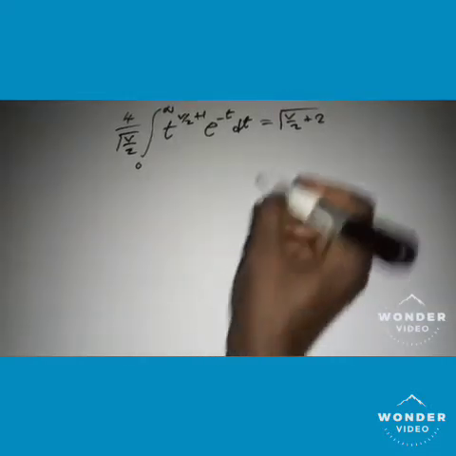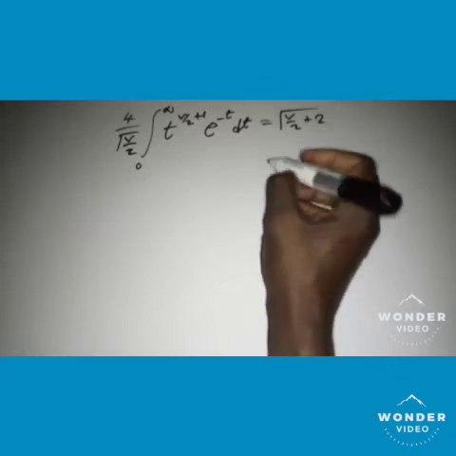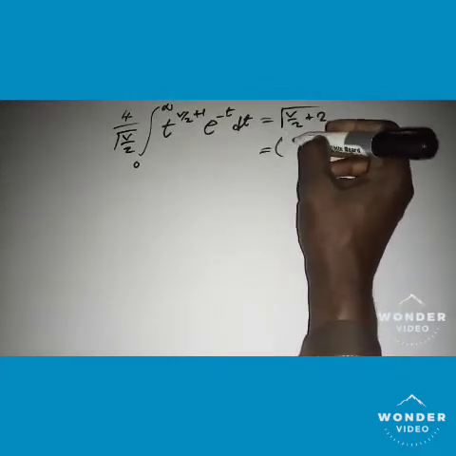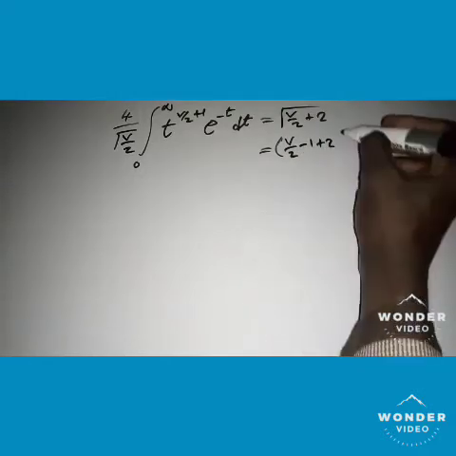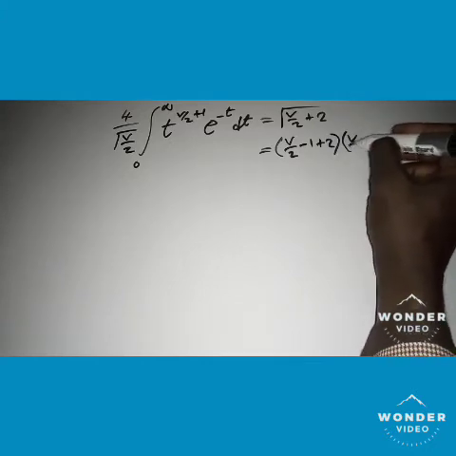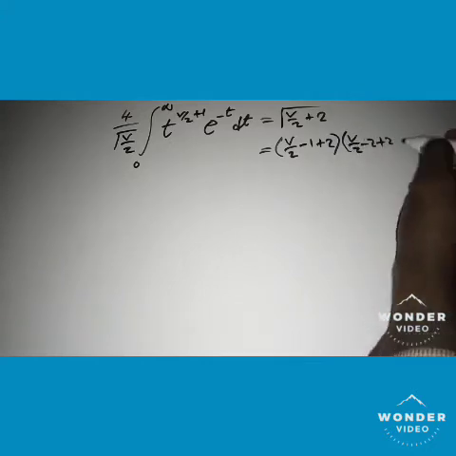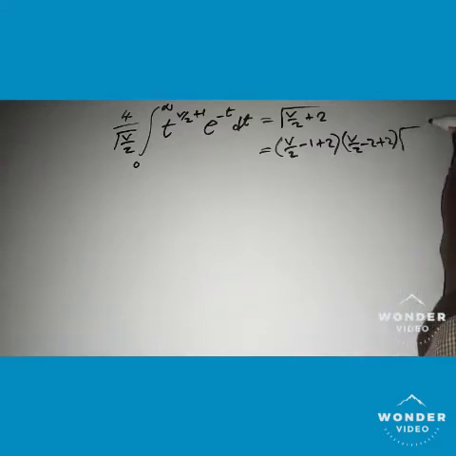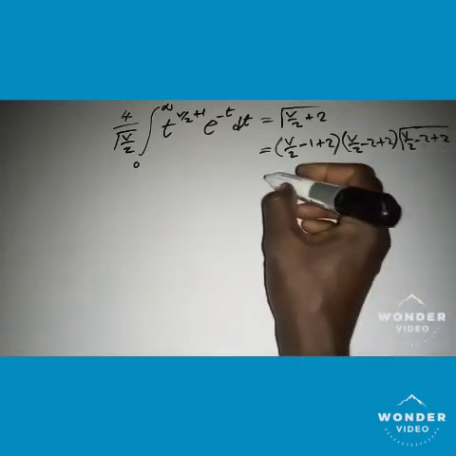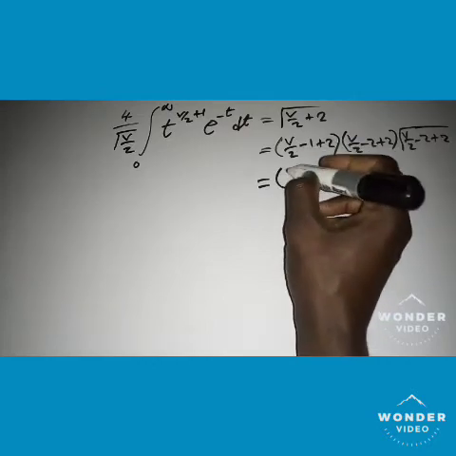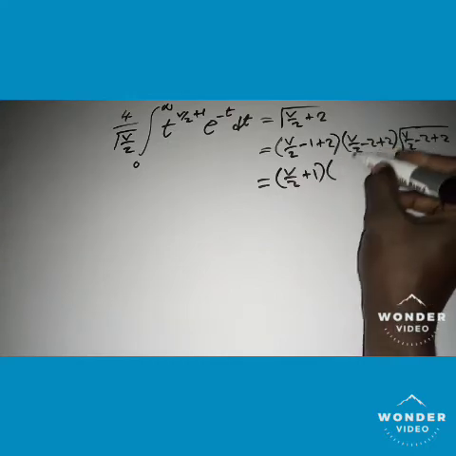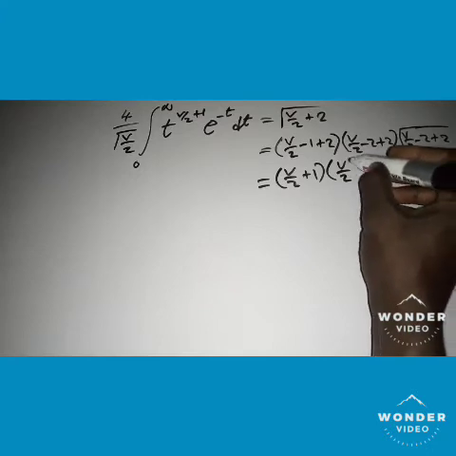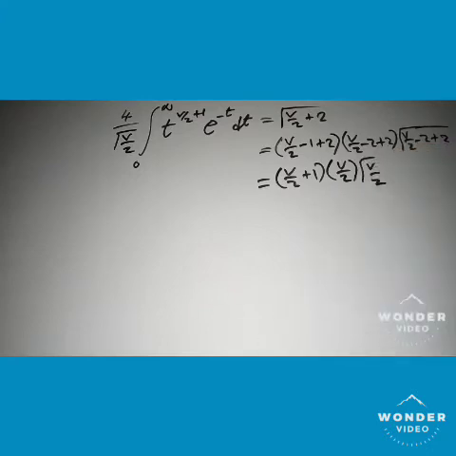And the gamma function of v over 2 plus 2 can be simplified as v over 2 minus 1 plus 2, then gamma of v over 2 minus 2 plus 2, which can be simplified further as v over 2 plus 1, then v over 2, then gamma of v over 2.